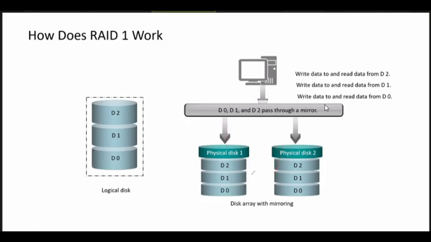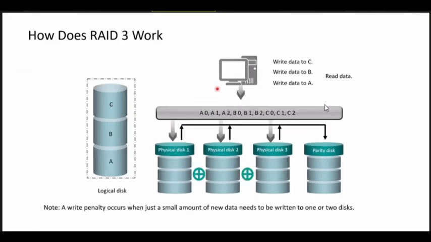It takes a bit longer to write. But reading data is basically the same data, so reading speed is still the same as RAID 0 and RAID 1. But write speed is a bit slower. Okay?